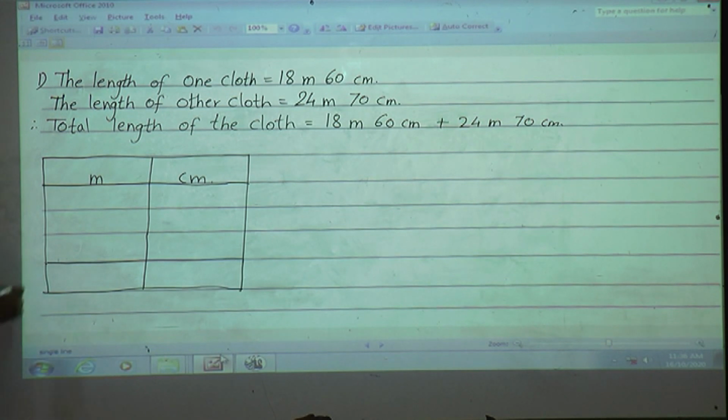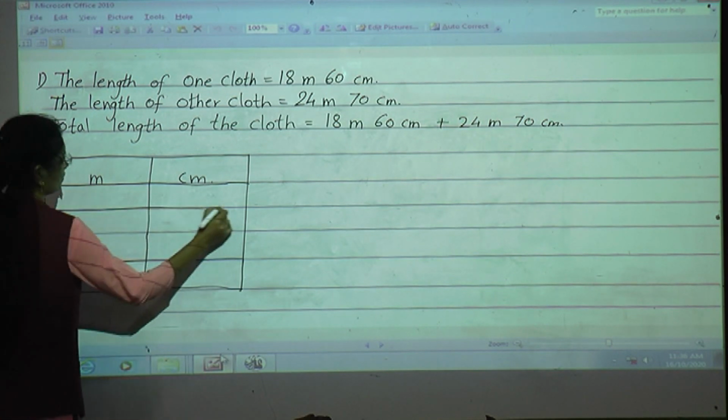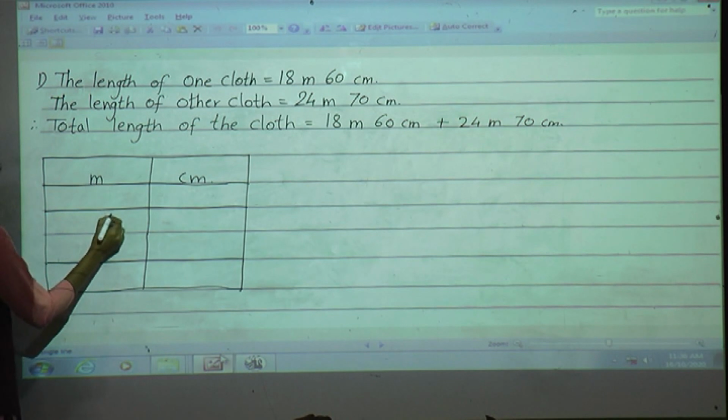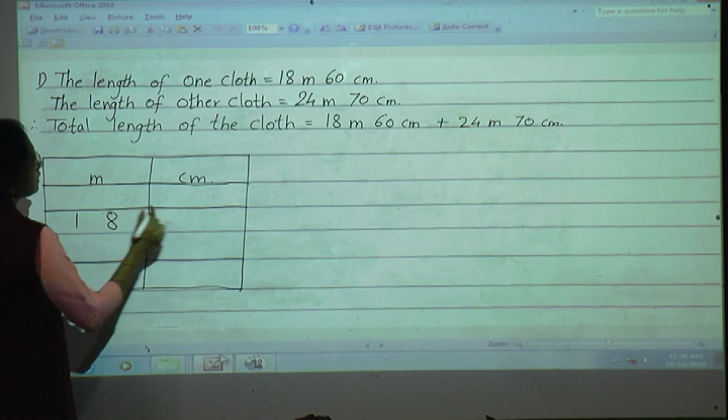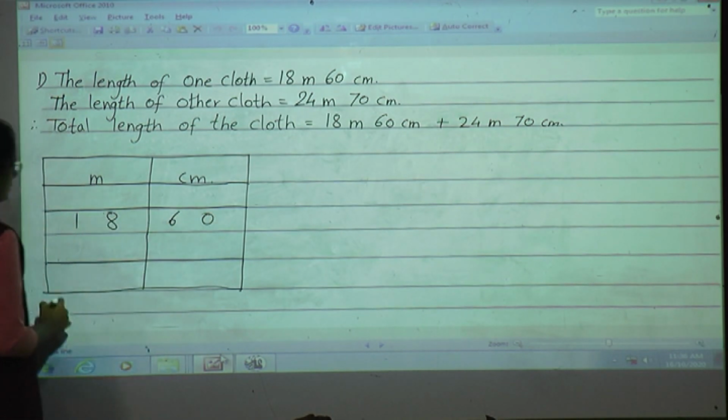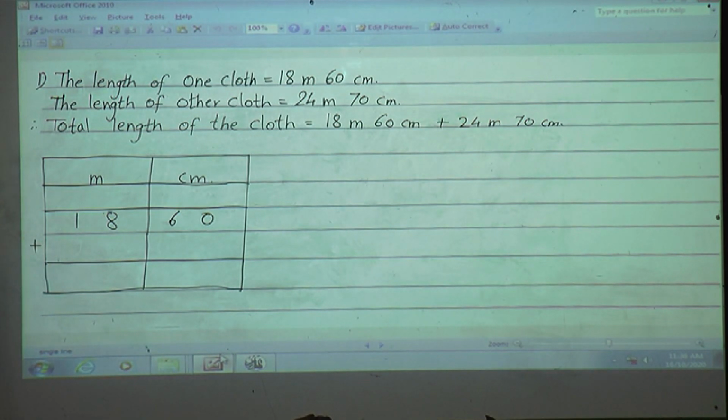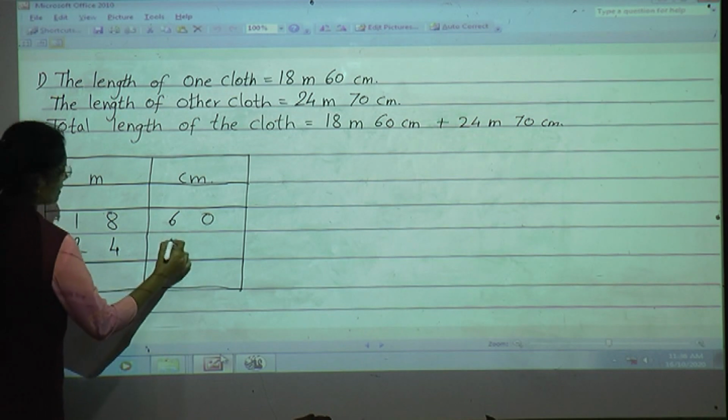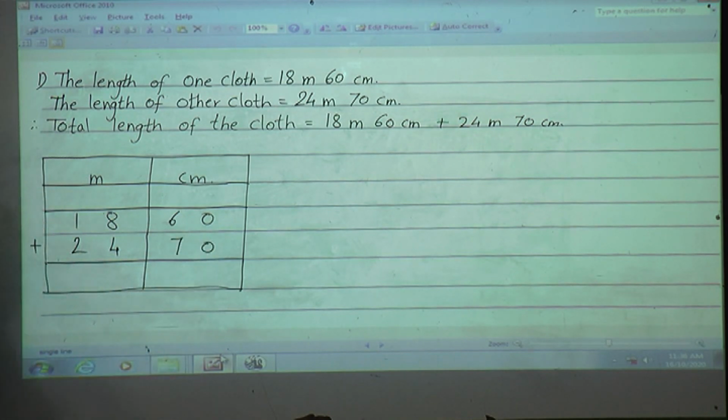Say, what is the first length? 18 meter 60 centimeter plus the length of the other cloth, 24 meter and 70 centimeter. Now it's very simple. Now you have to add these two lengths. Then we will get the total length of the cloth.